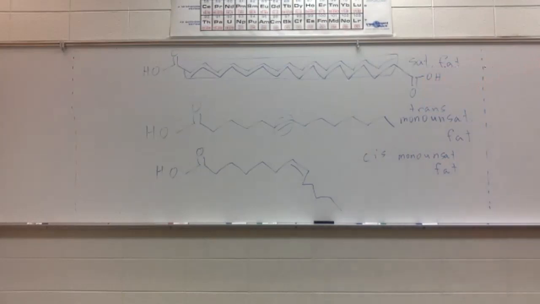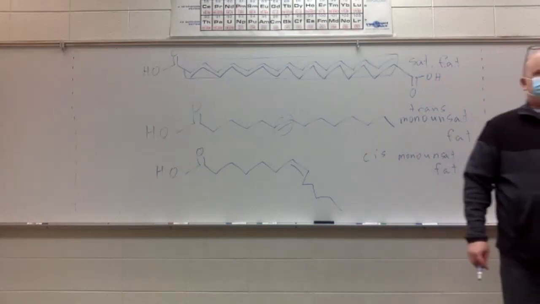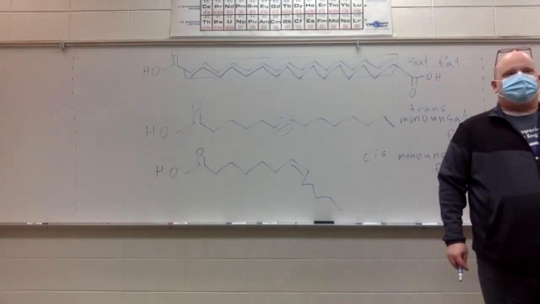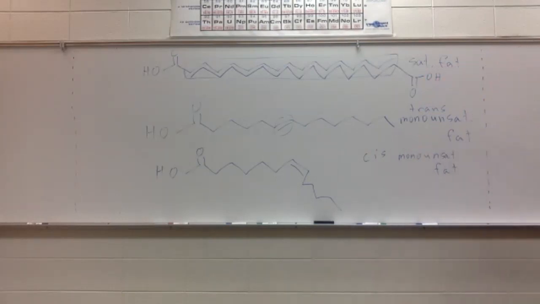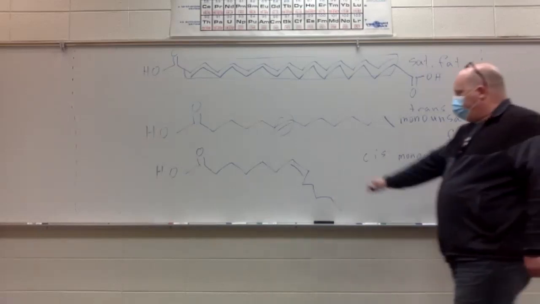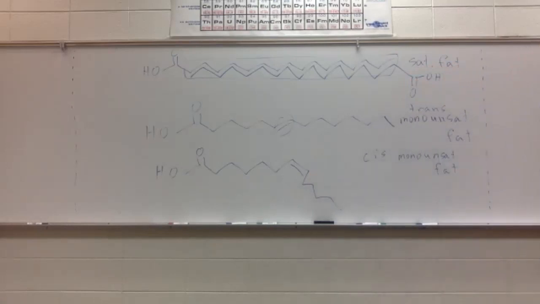Now, whenever I put a cis bond in there, what did that do to the tail? If you just had to give a general description, how does it look different? Is it as straight and true as the trans? No, it's got a kink in it, right? It's gone kind of crooked. What kind of implications do you think that has for stacking?